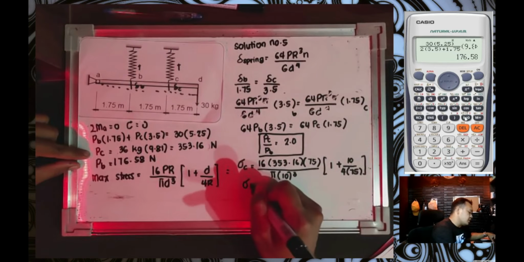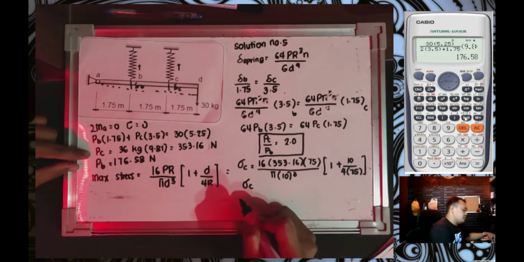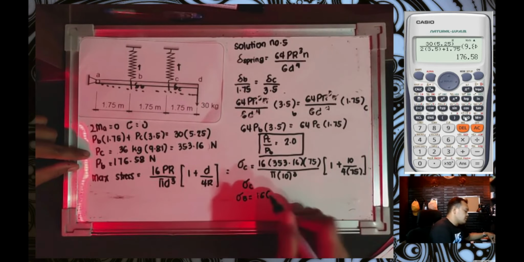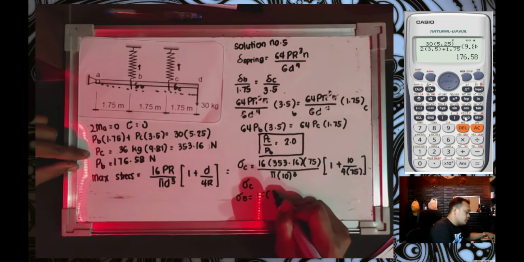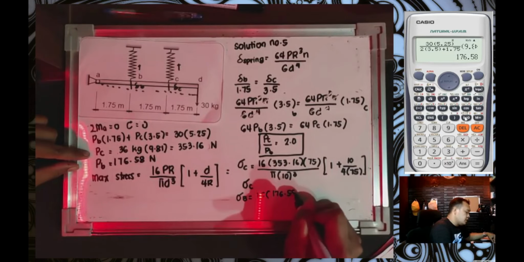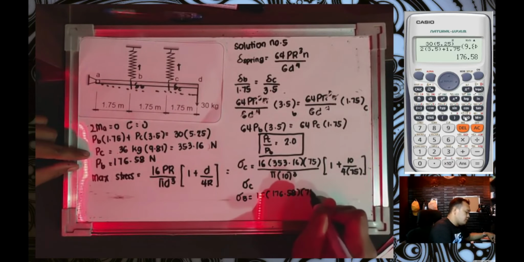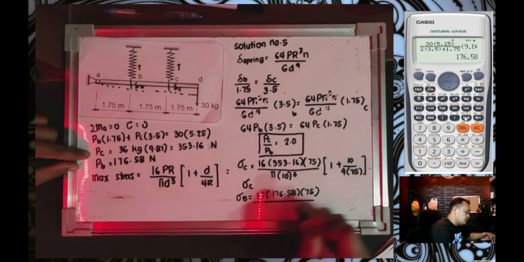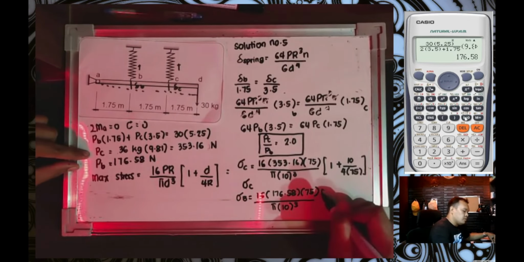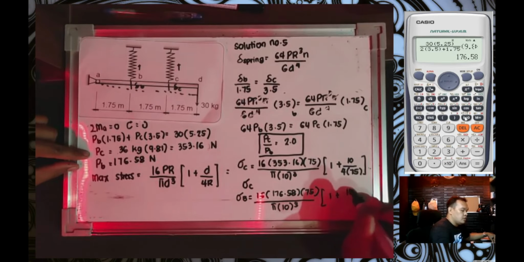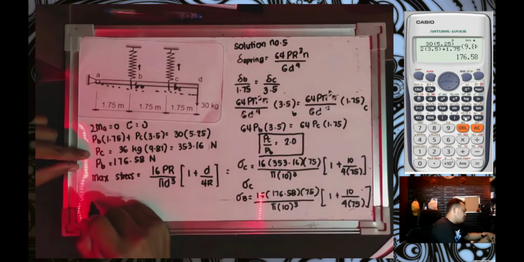So, this is the stress at C. Then, the stress at B is the same: 16 times 176.58 times 75 divided by pi times 10 cubed multiplied by 1 plus 10 all over 4 times 75. So, we have the stress at C and the stress at B.